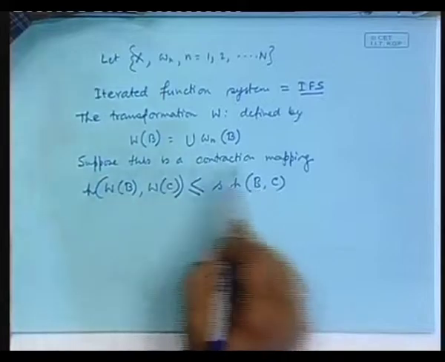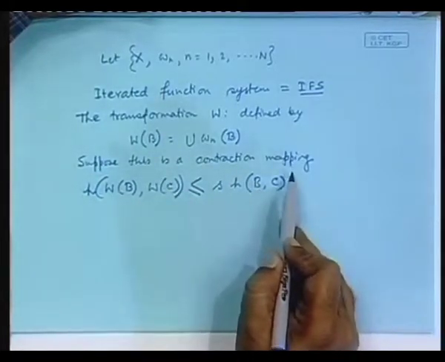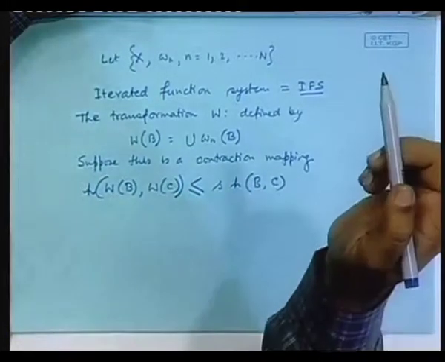Then if this is a contraction mapping, the Banach contraction mapping theorem would say that this has a unique fixed point and the iterated steps will lead to that.